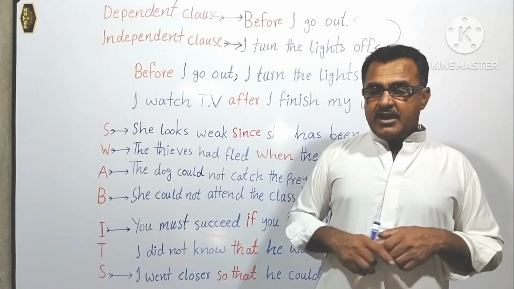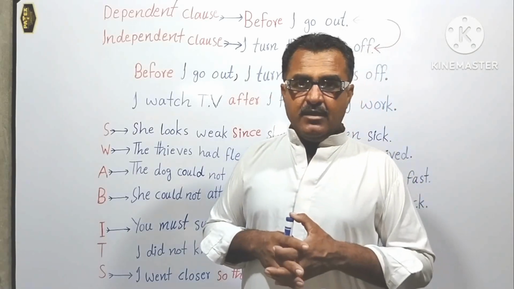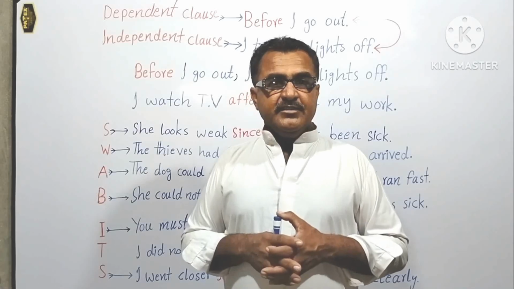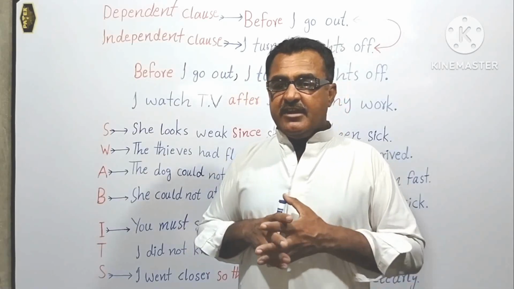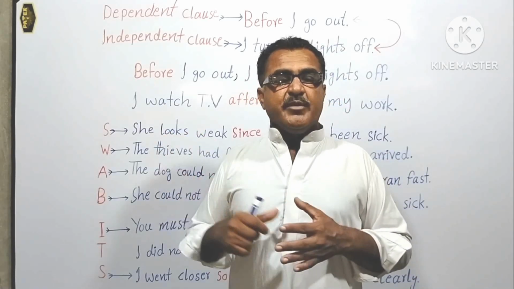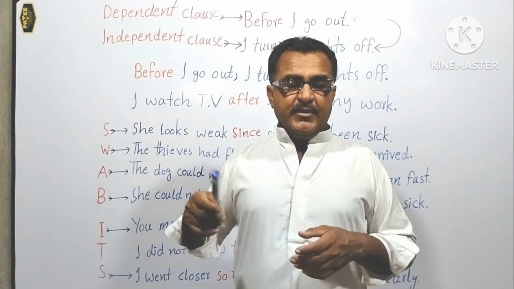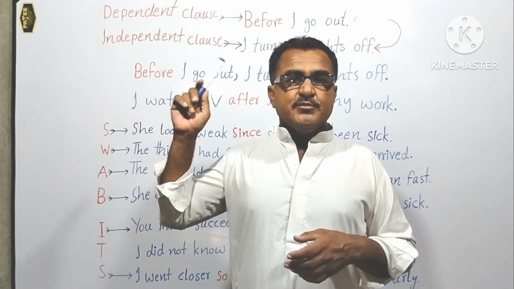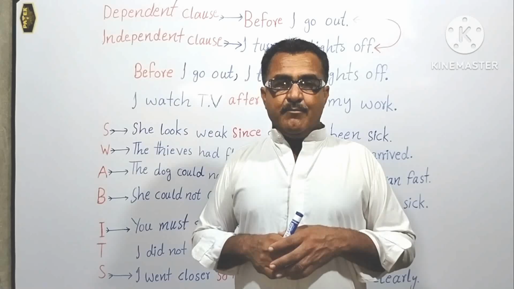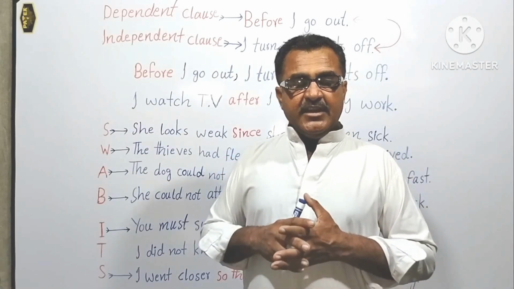Now here, before I go to the main point, I would like to clarify that in my recent video, conjunctions part 2, I had made a little mistake in a sentence.